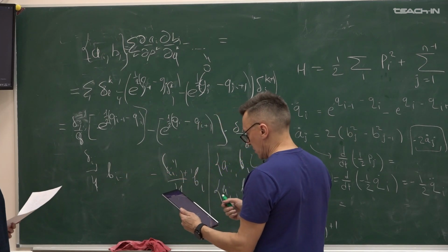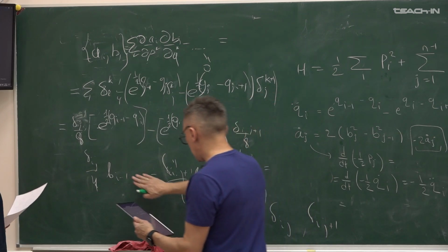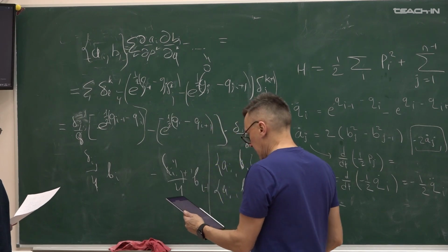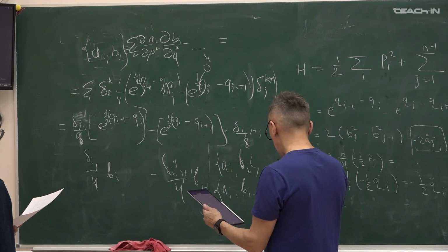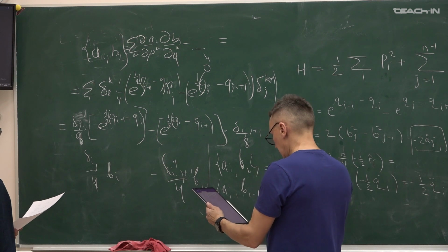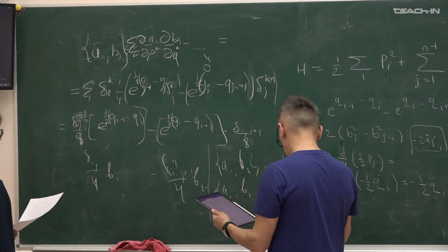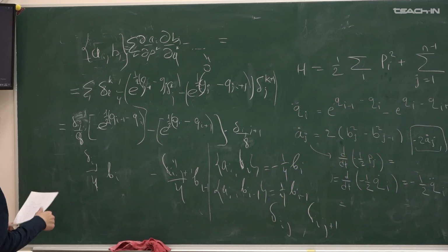No. In my calculation, it is like this: BI, and in this case, it is 1 over 4 BI minus 1. Let's compare.